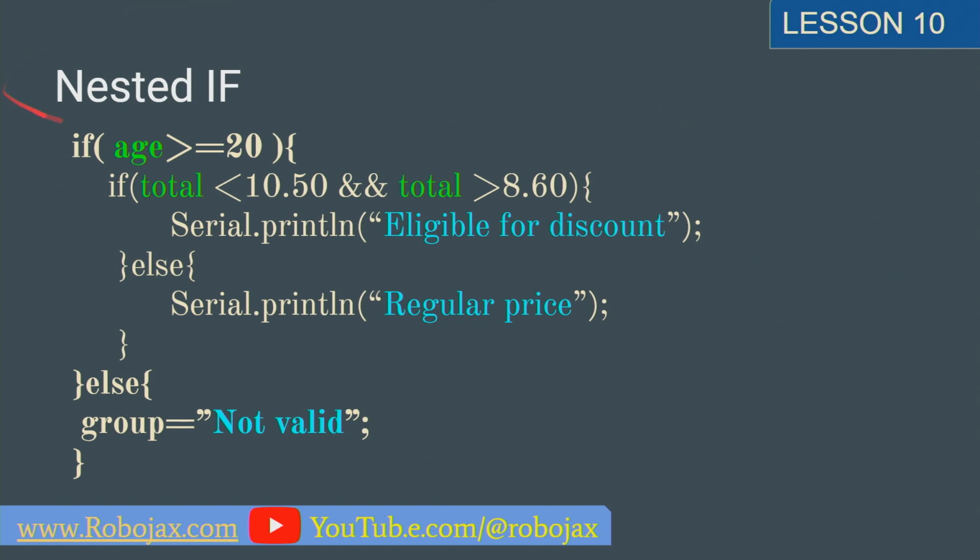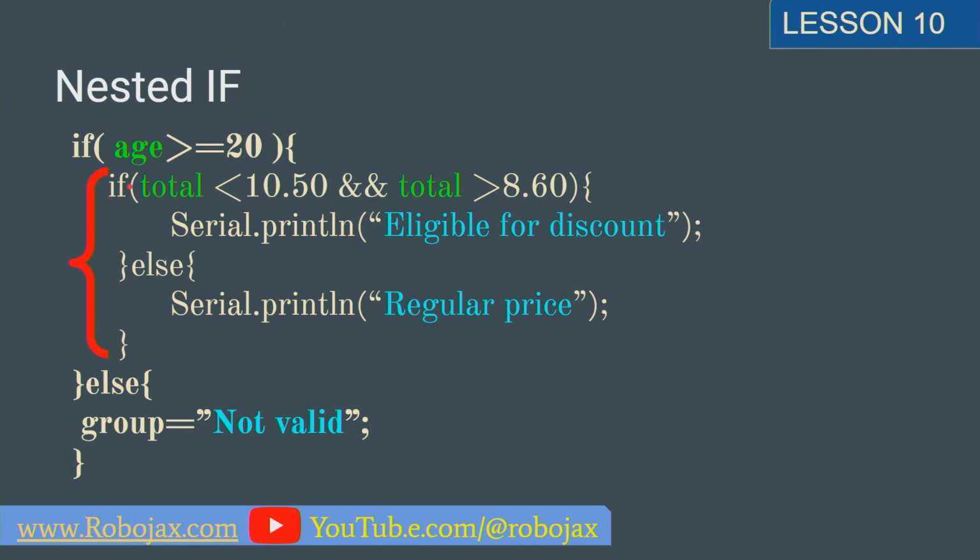Now this is nested if, so we can say if age is greater or equal than 20. So this if starts from here, and then we have another if condition. This is called nested if, an if inside an if.